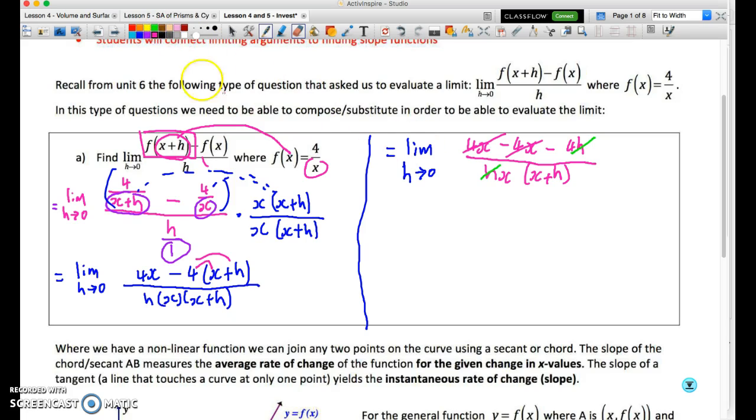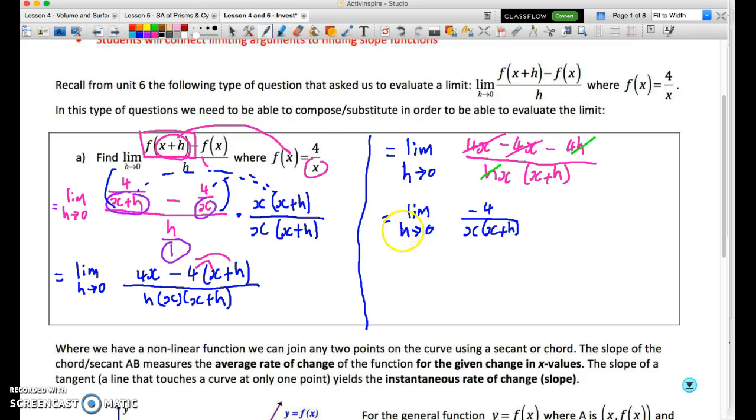And then I can finally find the value of this expression. If we look over there, we are left with minus 4. So let me rewrite it one more time just so that it's clear. We have the limit as h approaches 0 of minus 4 over x multiplied by x plus h.